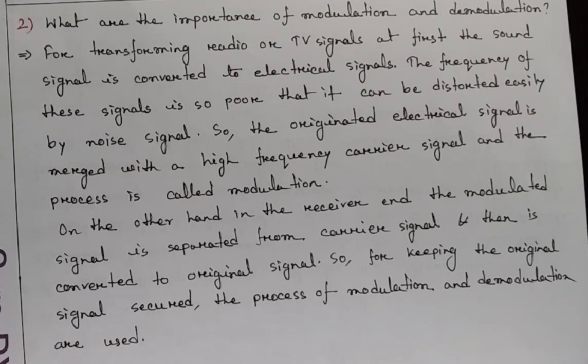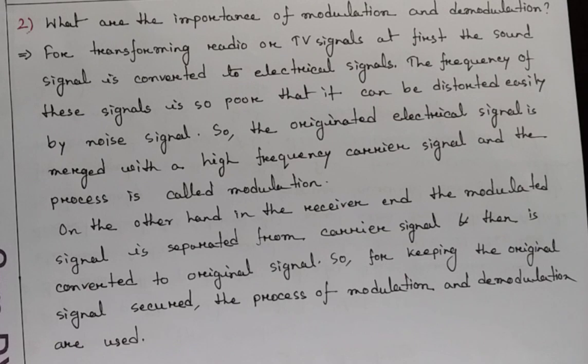The generated electrical signal has a very low frequency, so it can be distorted easily by noise. If we want to reach all the audience, the signal has to travel a long way, and there is a possibility of getting distorted by noise.